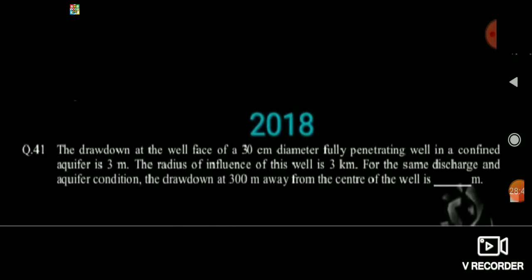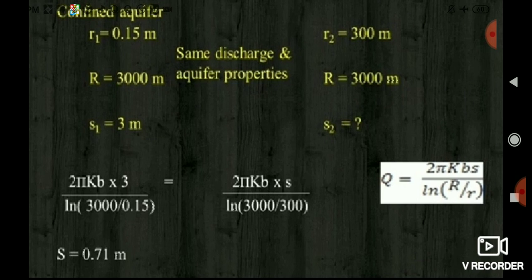You see here in the problem that it is given that the confined aquifer has a drawdown of 3 meter at the 30 centimeter diameter, means at the radius of the well, and it is asking what is the drawdown at 300 meter away from the center.